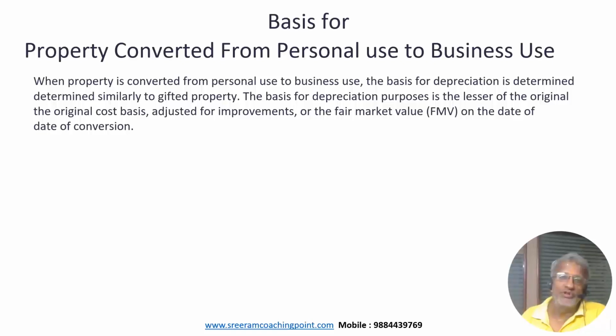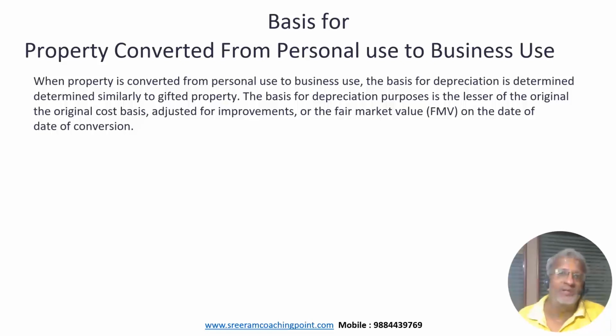Before we proceed, let me tell you that here we have two different stages. There is the basis for the purpose of computing depreciation after conversion, on the date of conversion, and the other one for the purpose of finding out gain or loss.